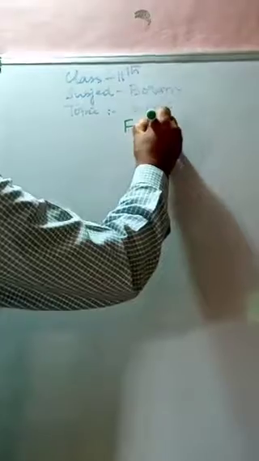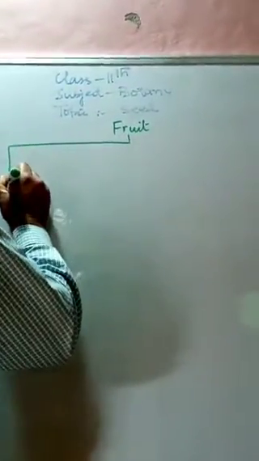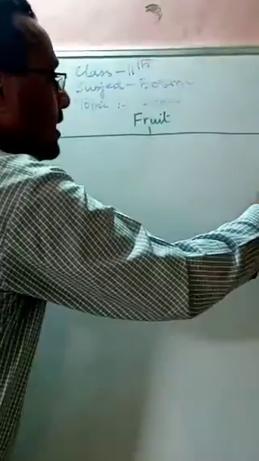We will tabulate it and we will find the different types of this seed. On the basis of number of cotyledons, we have got two types of the seeds.